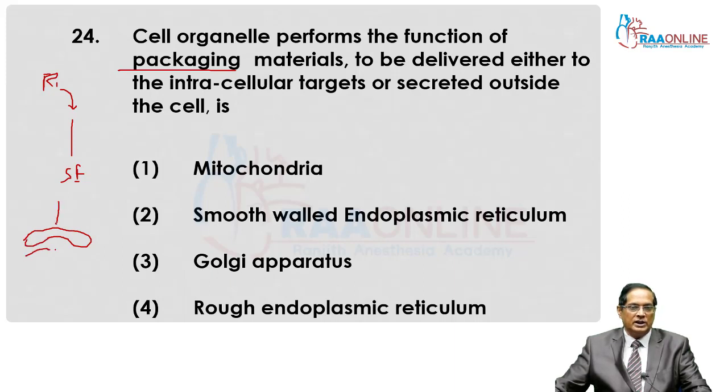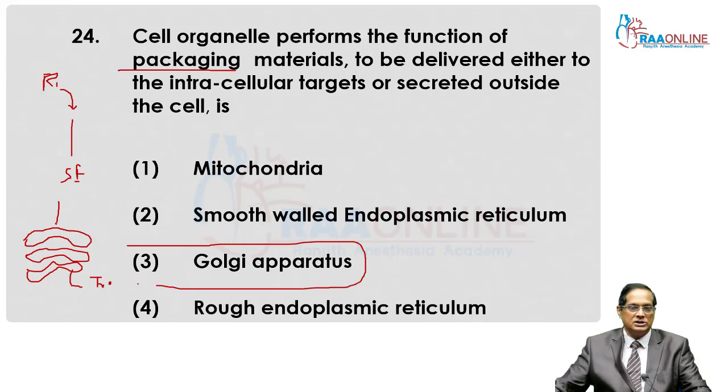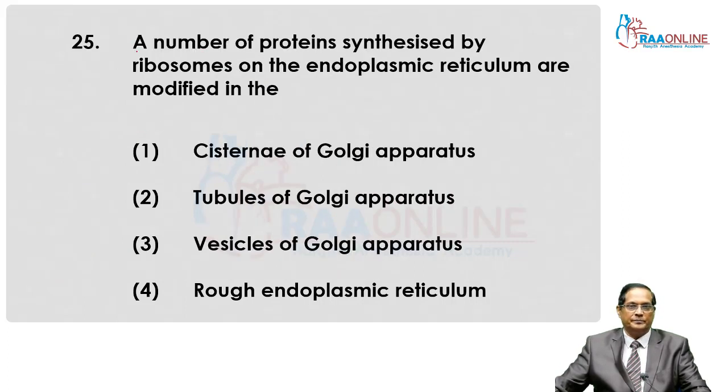And the Golgi body is responsible for the post-translational changes of those proteins or targeting material, and they are released from the trans side. So the packaging work and modification work is done by the Golgi body.